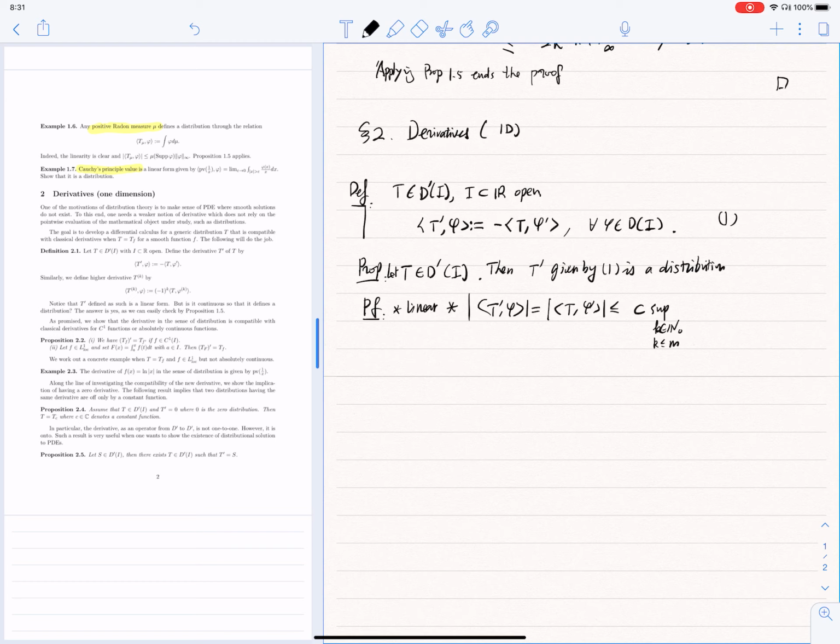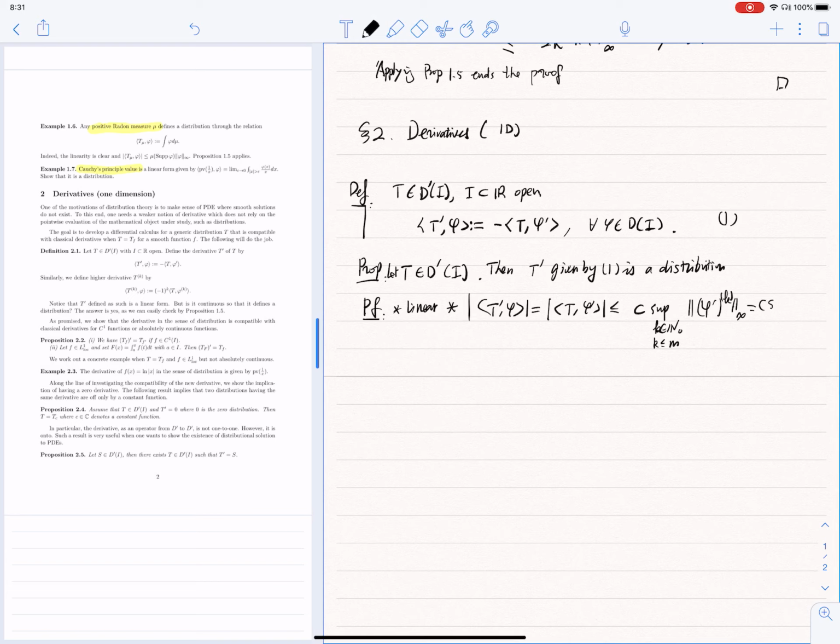There exists a C and m such that this inequality holds. And the k-th derivative of the derivative of phi is the (k plus 1)-th derivative of phi.